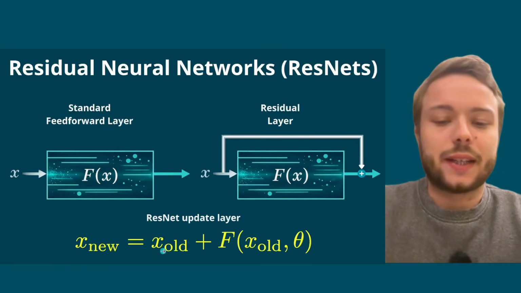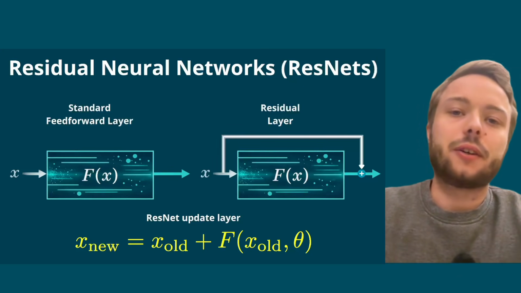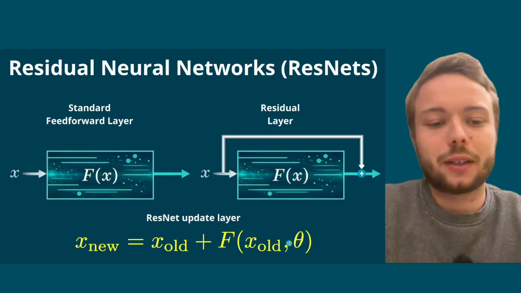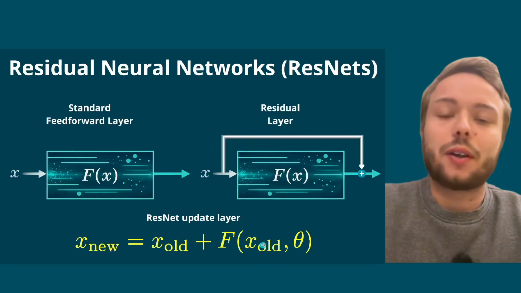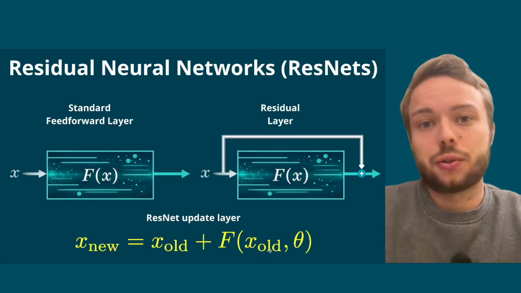So we will take x old, or the current version of our input, our image for example, and we return itself plus this function f, which might depend on some parameters, evaluating not just at the parameters but also at the current position x old.